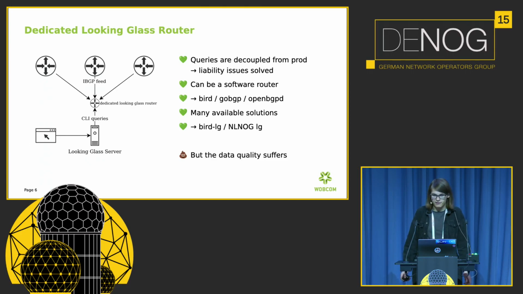So far so good, but then you don't see the full data because you only see the view of one router. And you also cannot see any filtered routes, because these just never end up on this dedicated looking glass router. If you want to, for example, find out why it is not choosing the path that you sent it, then you might also want to see that this path was received but then filtered out in the policy stage.